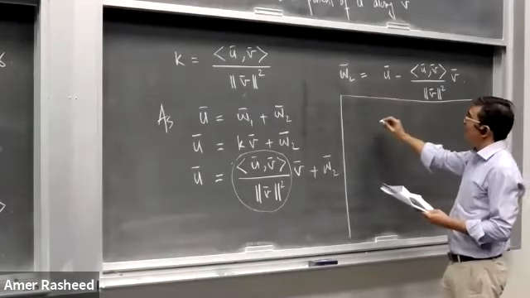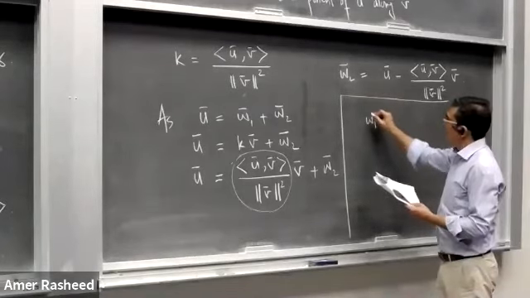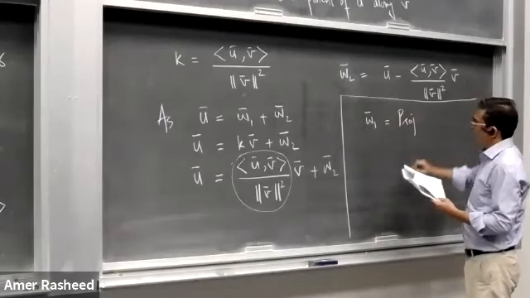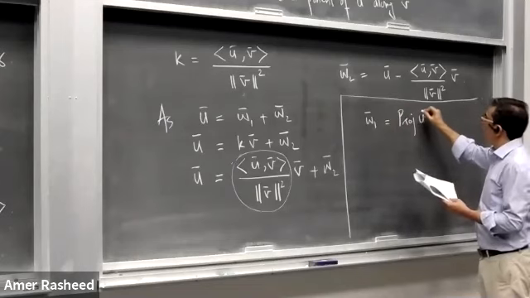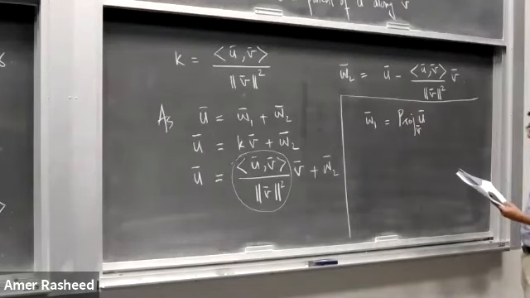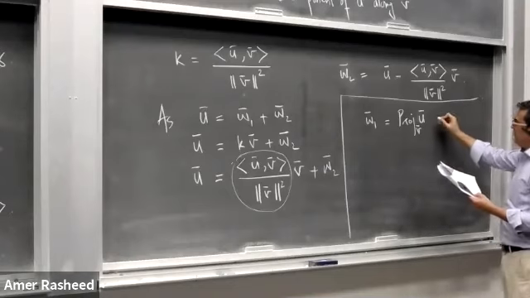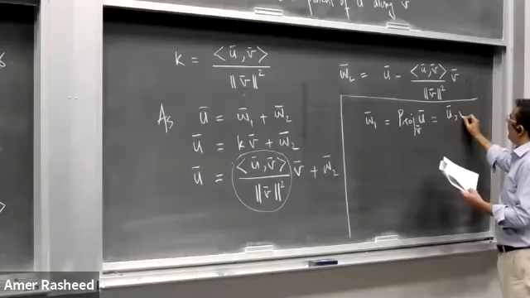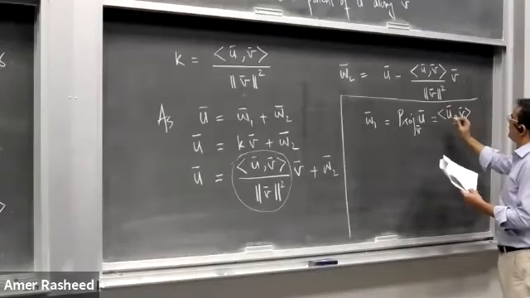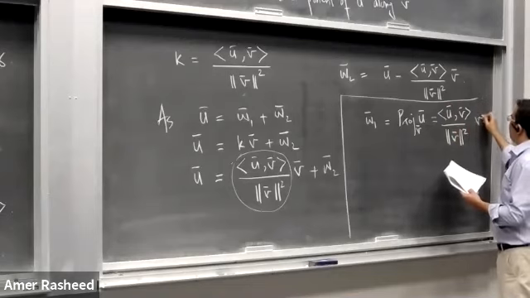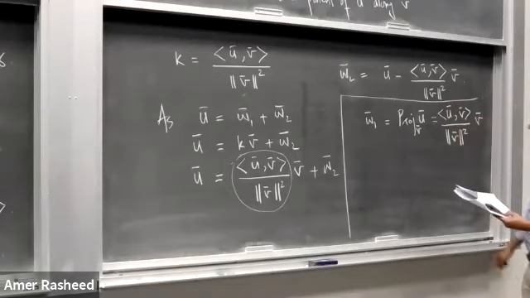The first vector, which is the W1, is basically denoted by projection of U onto V. Okay, it's basically along V, which is U comma V inner product divided by norm of V square times V. Okay, this is the projection.